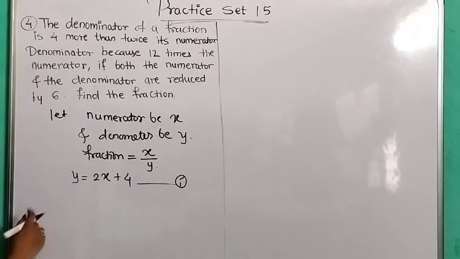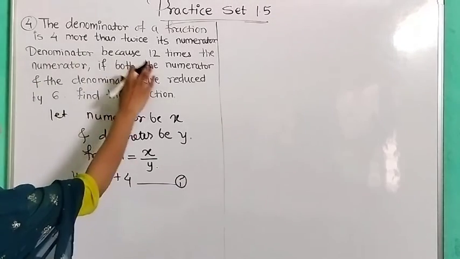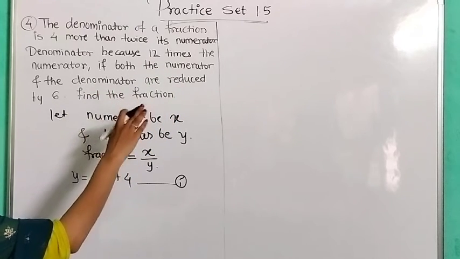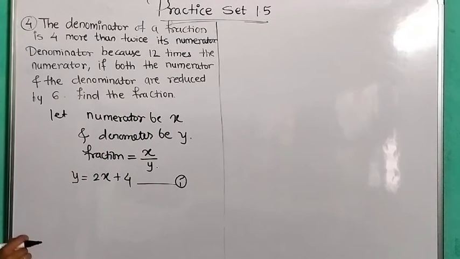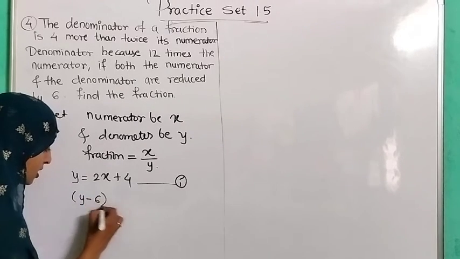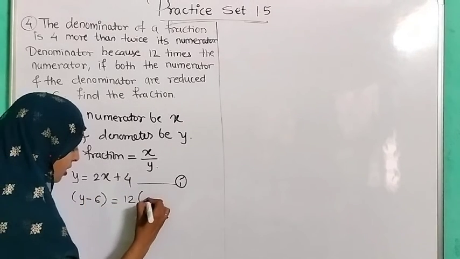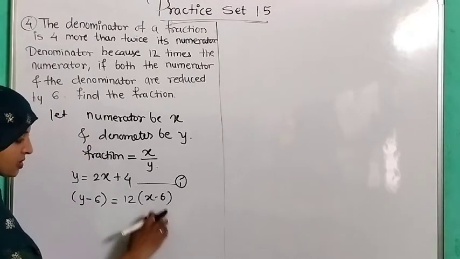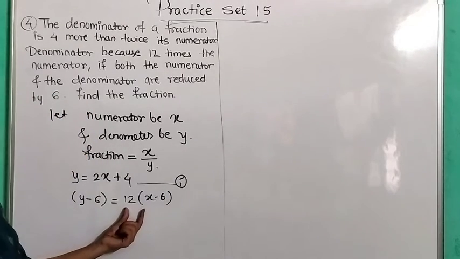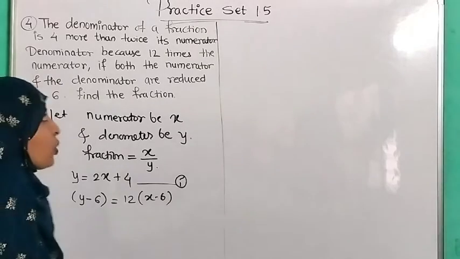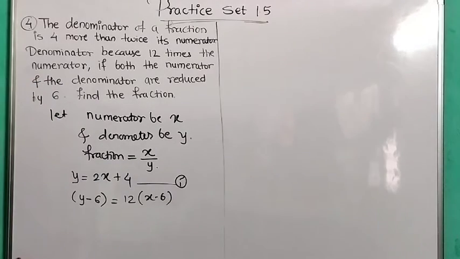Now the second equation. Denominator becomes 12 times the numerator if both the numerator and denominator are reduced by 6. Means y minus 6 is equals to 12 times x minus 6. Both are reduced by 6. Then we get that the denominator becomes 12 times more.